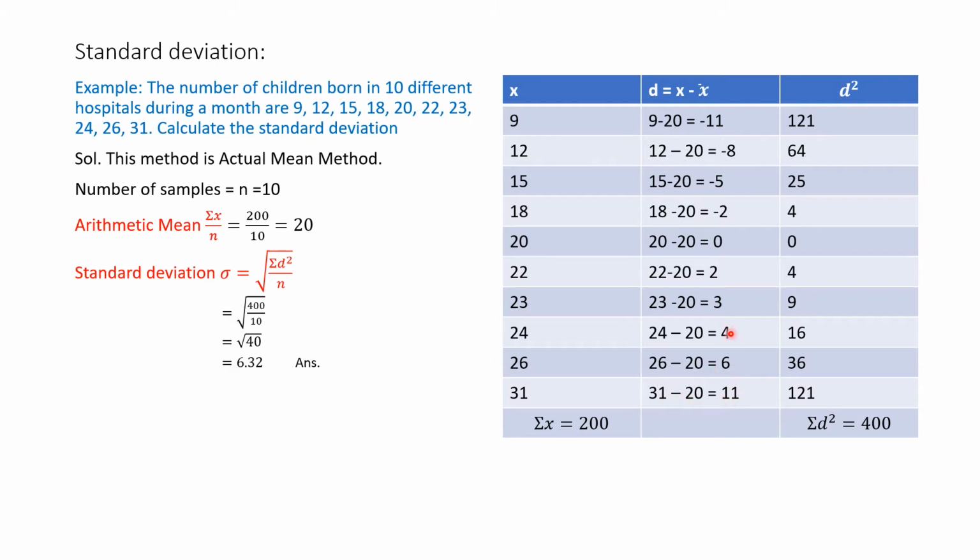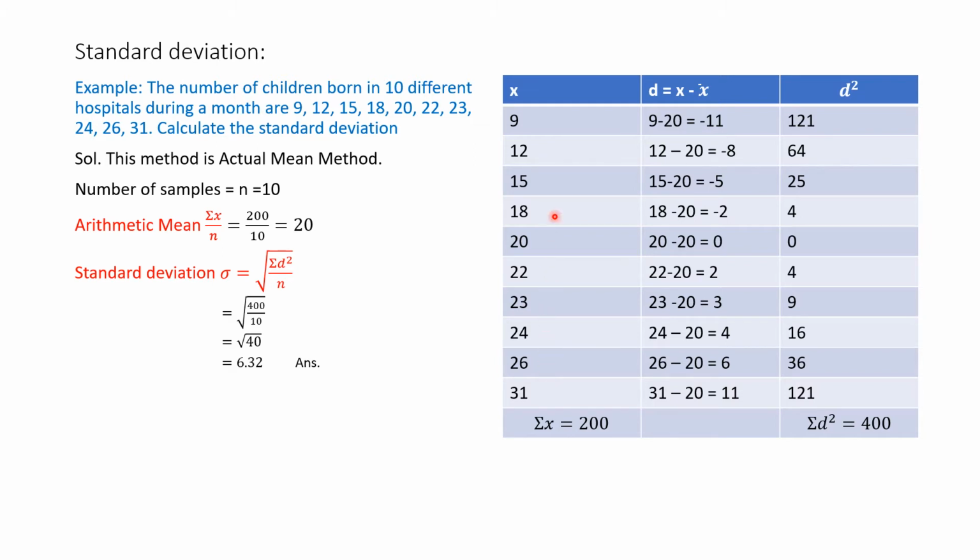So from the given sample data, we have calculated the average or arithmetic mean, that is the total divided by the number of samples. The number of samples here is 10, that is 1, 2, 3, 4, 5, 6, 7, 8, 9 and 10.